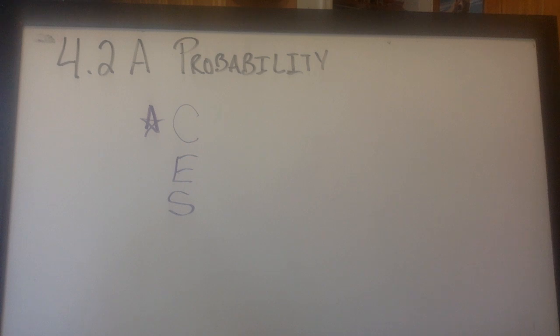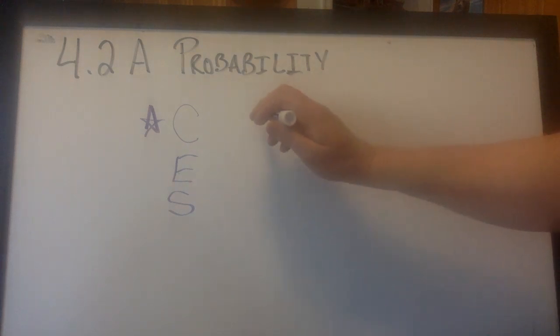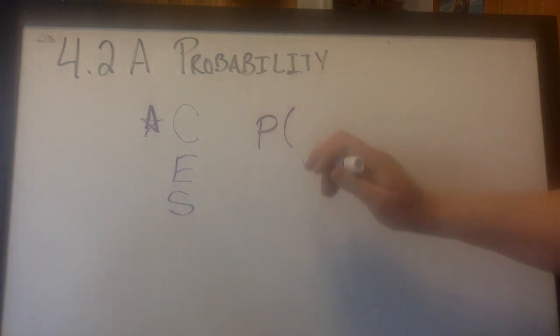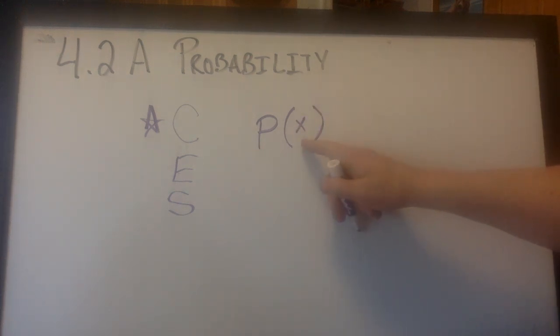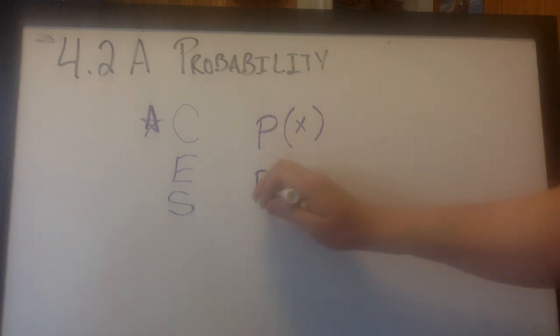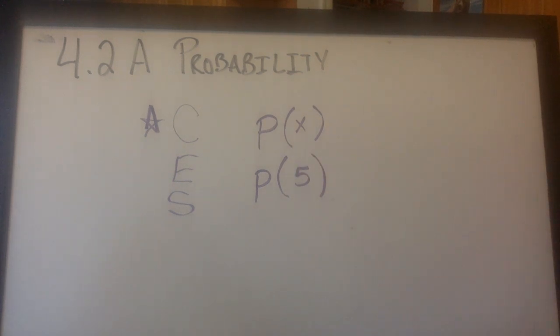So what is the definition of probability? We write probability like this: P of X, and X is called the event. What is the probability that that event occurs? If I had a deck of cards and I said, what's the probability of picking a 5? That would be 4 out of 52, which leads us to the definition of probability.